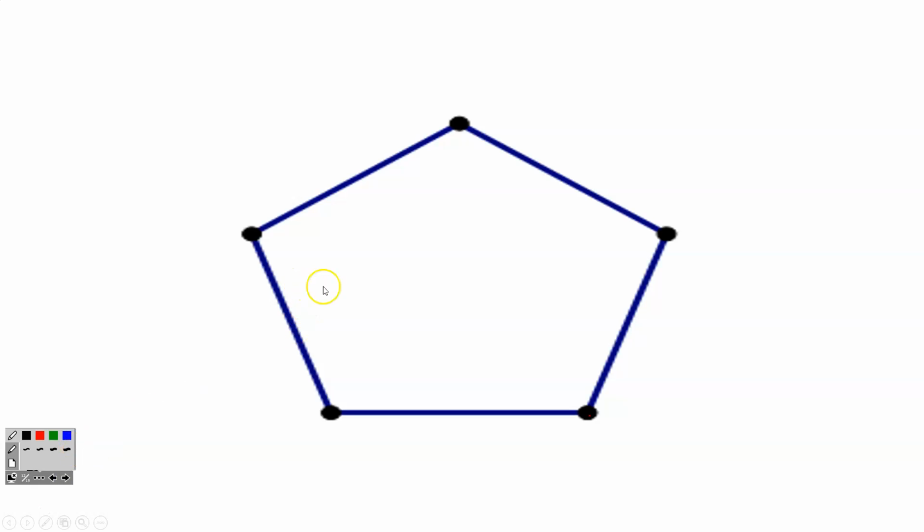Okay, so here I have a pentagon. 1, 2, 3, 4, 5 sides to it. Let me go ahead and draw my center, and then I'm going to draw my dotted line. This is just showing the distance from the center to the side, so that's my apothem. The number for that is 9.91.